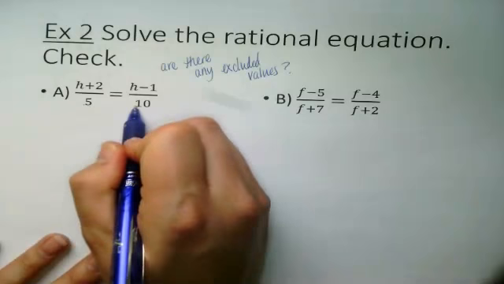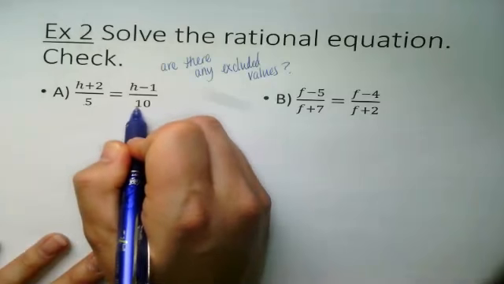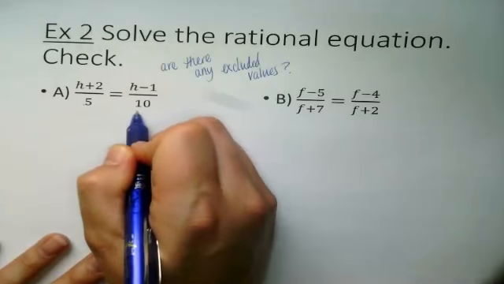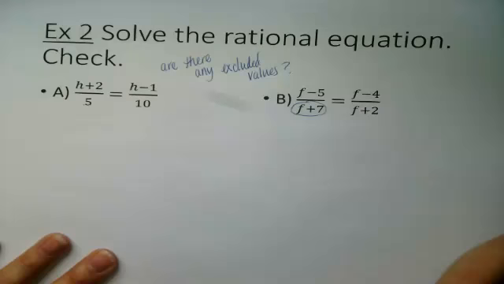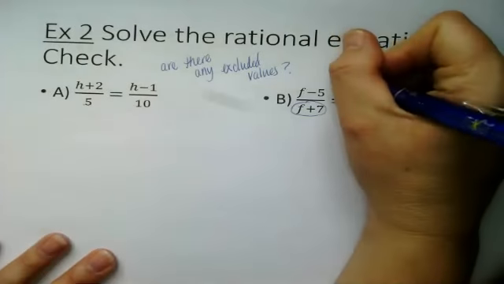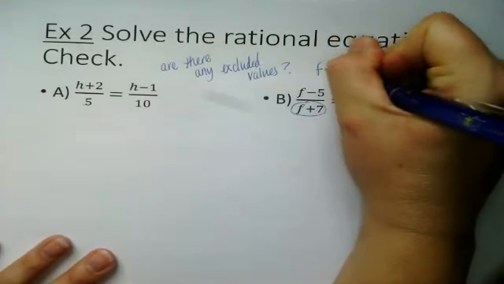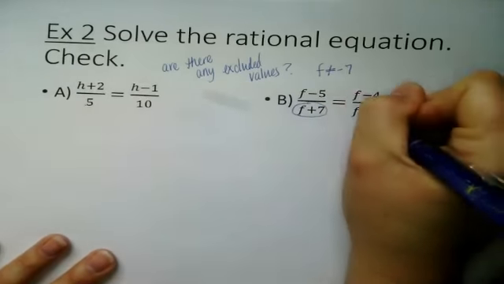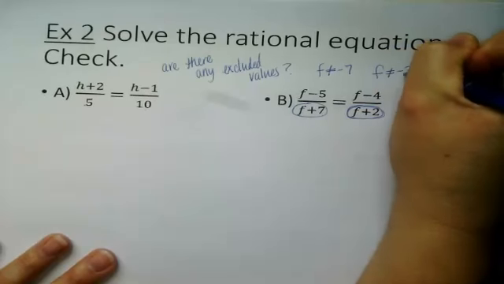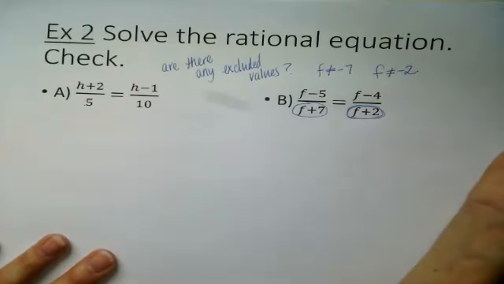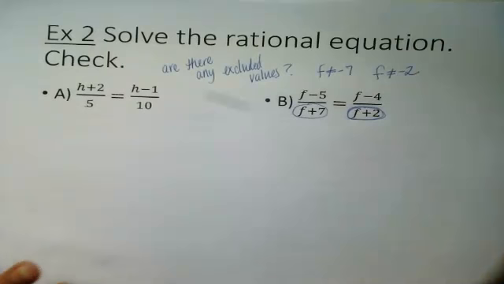There aren't any variables in the denominator here, so we don't have any excluded values, which is really nice. But over here, we have a variable in the denominator. And right off the bat, that's going to tell me that f cannot equal -7. And also from this denominator, f cannot equal -2.